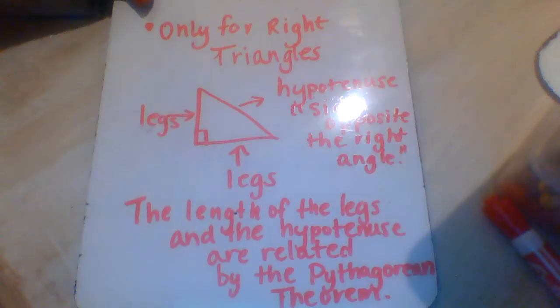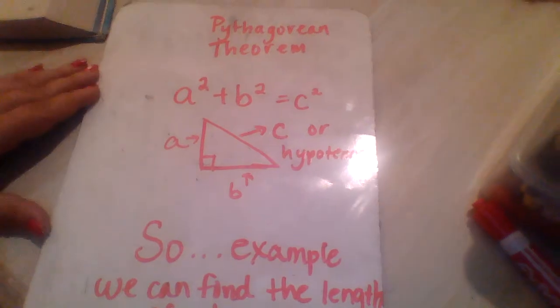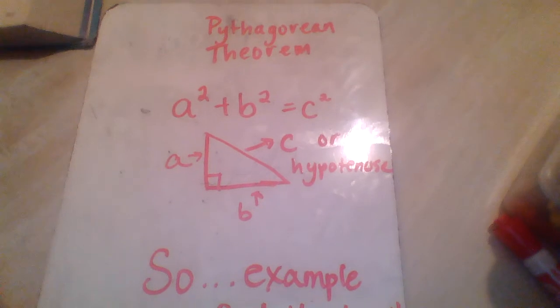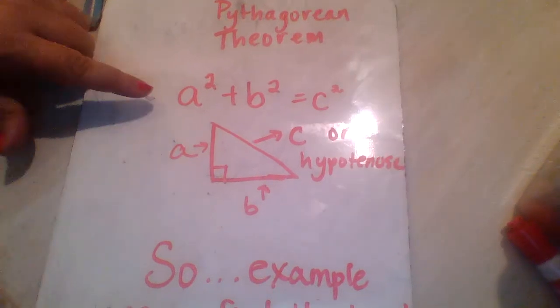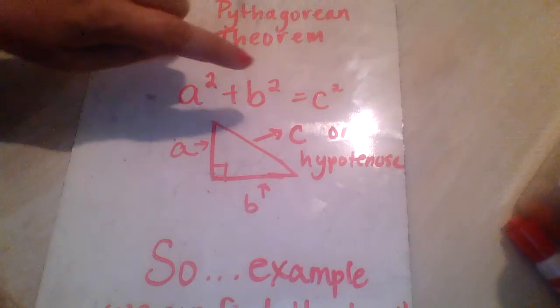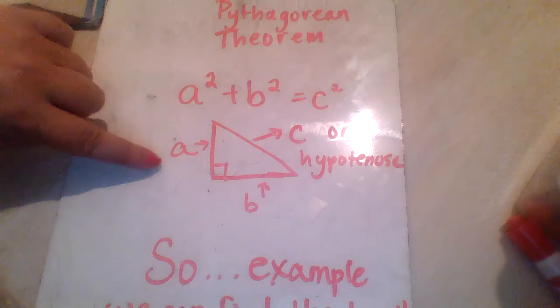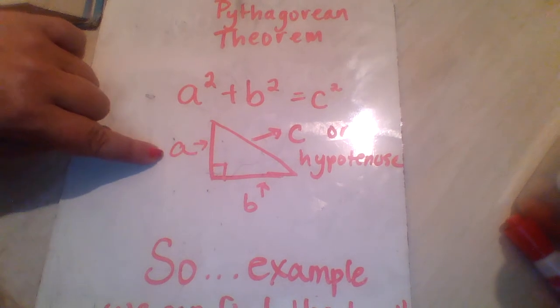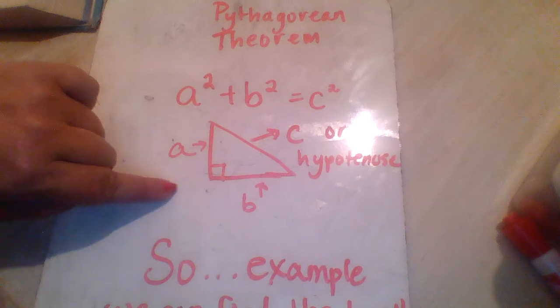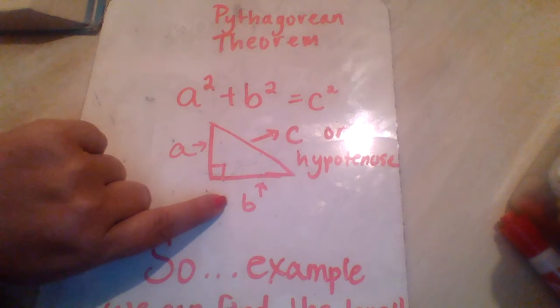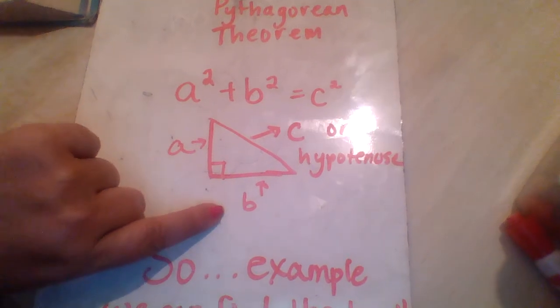So the Pythagorean theorem basically is this simple equation: a squared plus b squared equals c squared. So we're taking a, one of the legs, squaring it, plus b, the other leg, and squaring it.